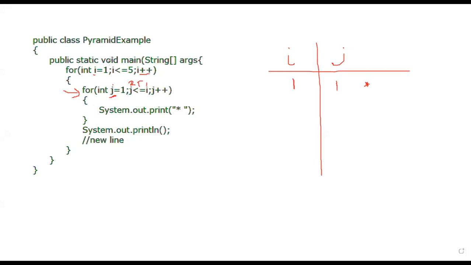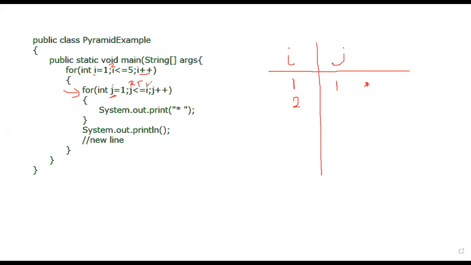So our I now becomes 2. 2 is less than or equal to 5. Yes, that is true. Our j is still starting from 1.